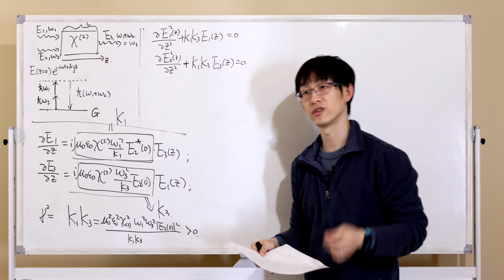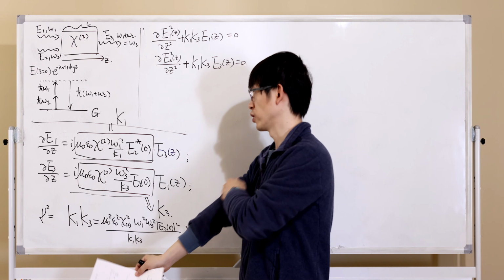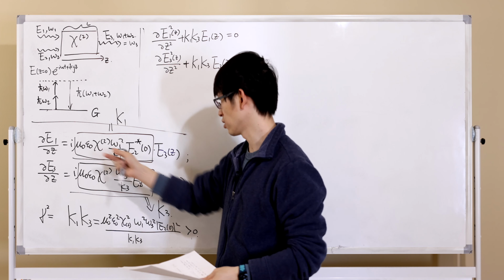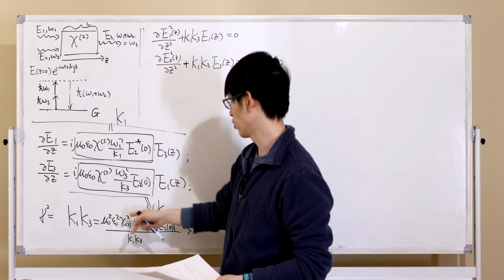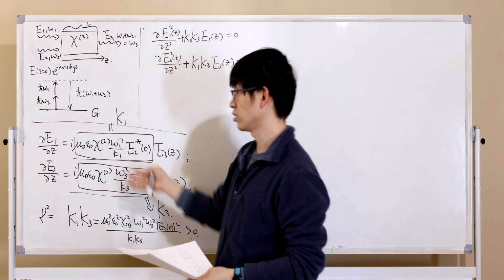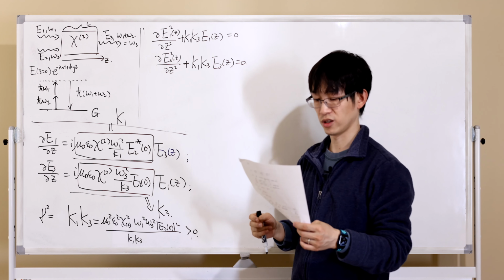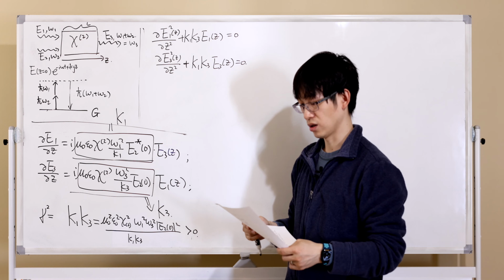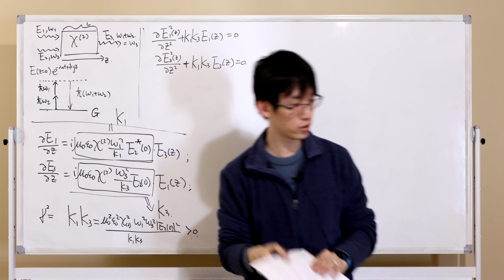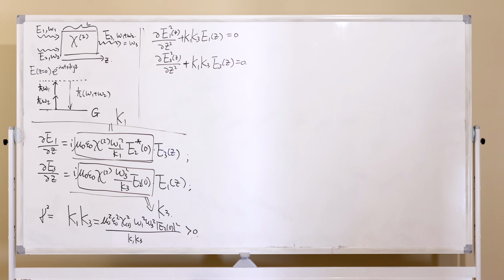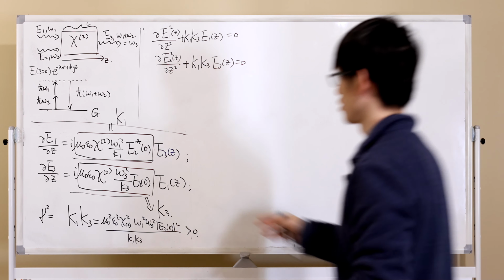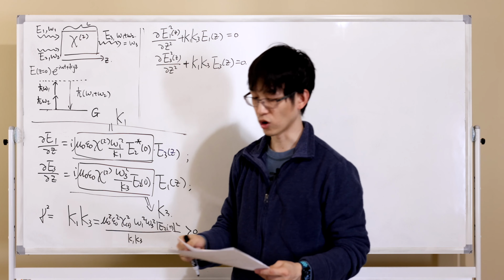So this is a very typical coupled equation. There are coefficients in front, which you can define as K1 and K3. The definition here on the whiteboard is a little different from the definition in my notes, and this one is more useful, more common.